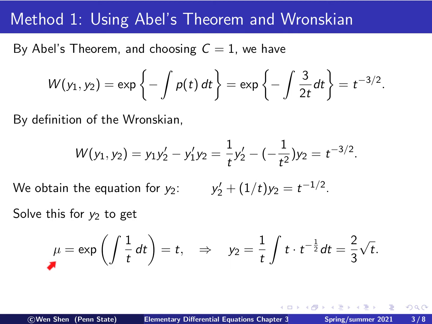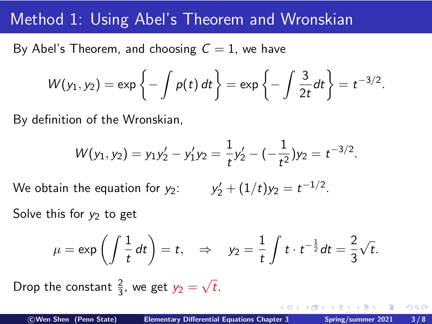Compute the integrating factor. We get mu is t, and then use the formula y2 equals 1 over mu times the integral of mu times g, the right hand side, and you work out the integral and you get 3 over 2 square root of t. A little bit of detail you can fill in.